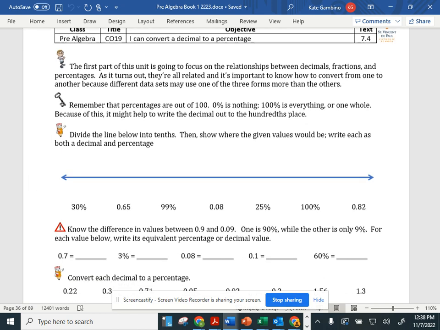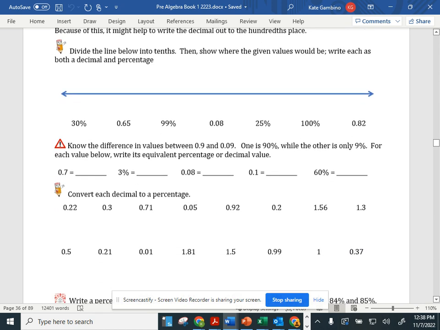So we are going to divide the line below into tenths. Then we're going to show where the given values would be. Write each as both a decimal and a percentage. So we're going to divide this line up into tenths. So I'm going to say here is 0.